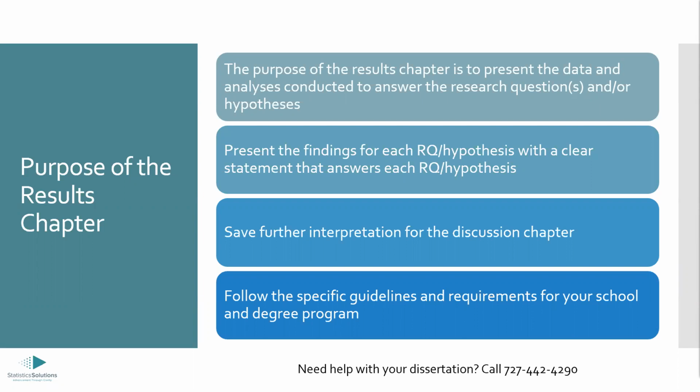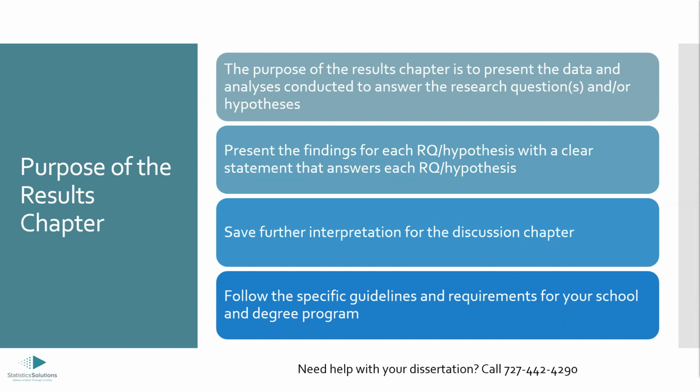So in your introduction, literature review and methodology chapters, you establish the why and the how of your research. Once you get to the results chapter, you're finally going to explain what the results of your research are. So you're going to be presenting the findings that you're going to be using to answer those research questions that you set out in the beginning of your dissertation.